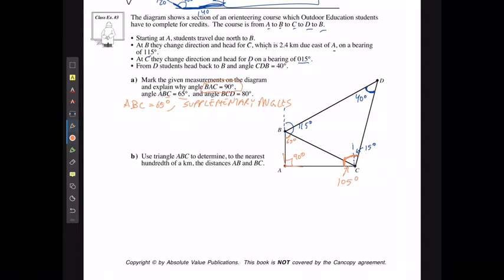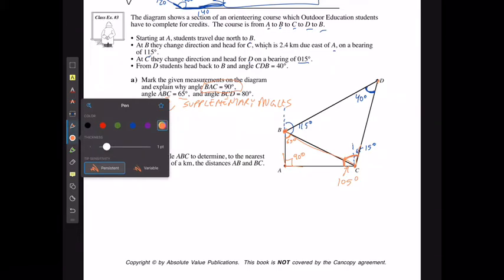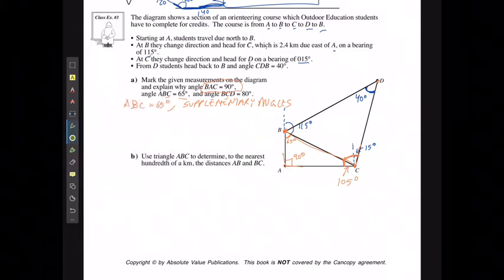Lastly, it's asking why is B to C to D going through here, I'm going to use a different color for this, why is just this part 80 degrees?